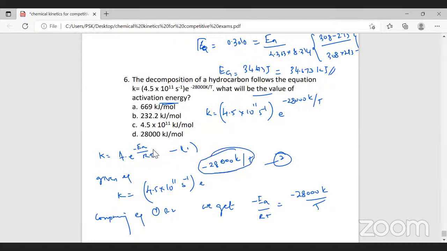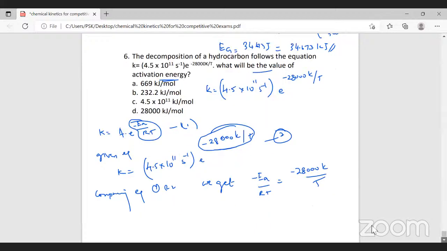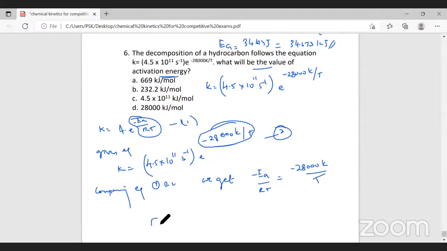When we equate and simplify, EA will be equal to 28,000 K into R, because T will get cancelled.